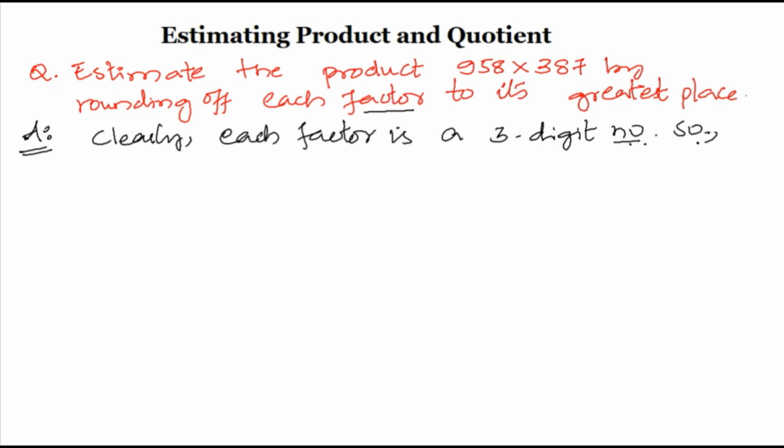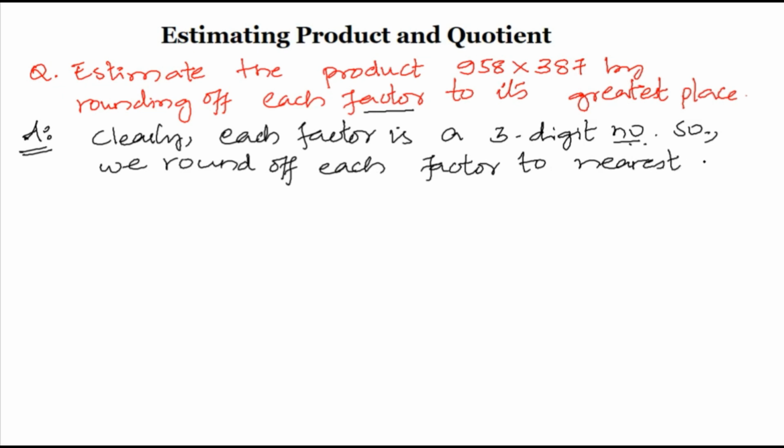So we round off each factor to the nearest hundreds. Look at the numbers 958 and 387.